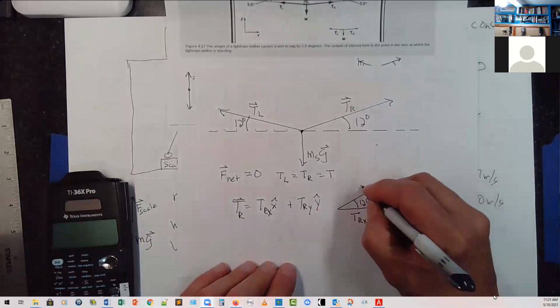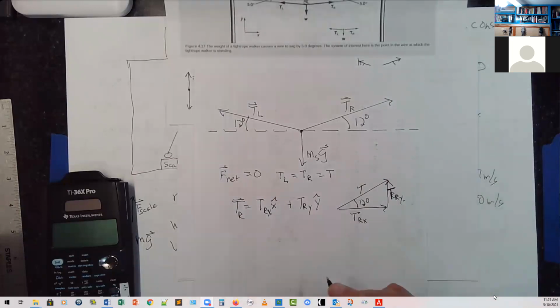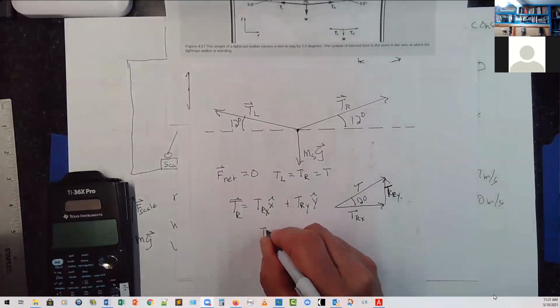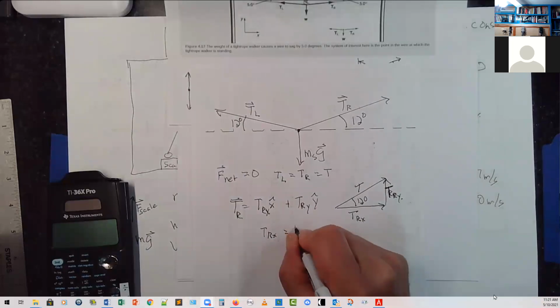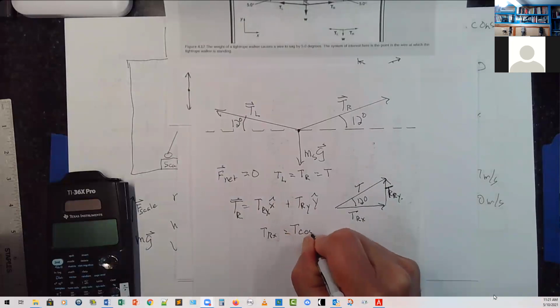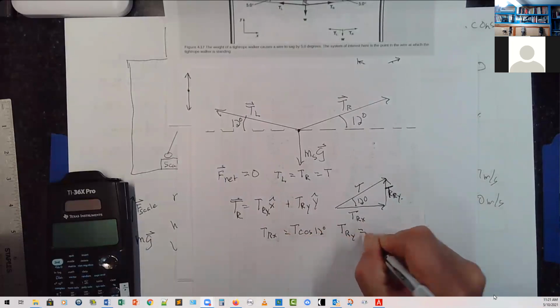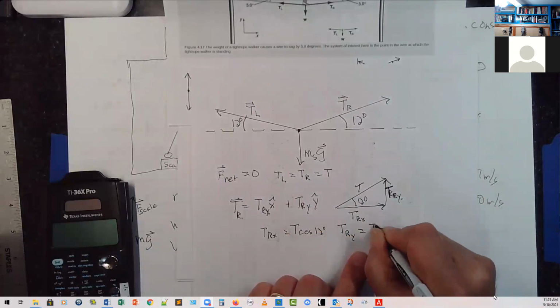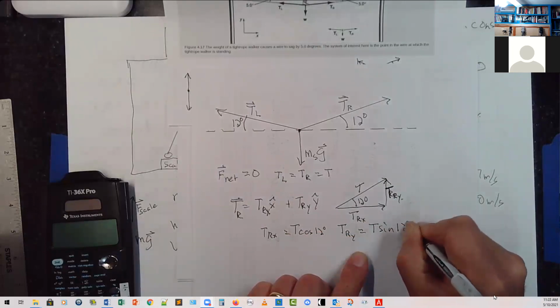And so if this is T up here, which I said it could be, T sub r x will equal T cosine of 12 degrees, and T sub r y will equal T sine of 12 degrees.